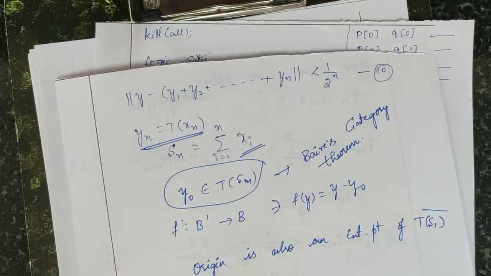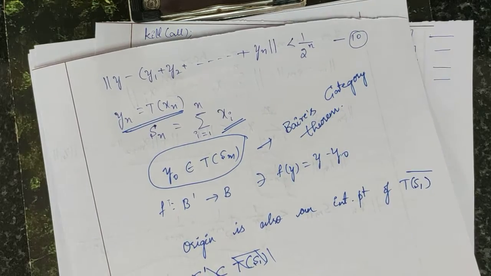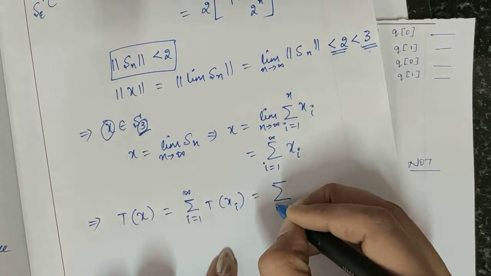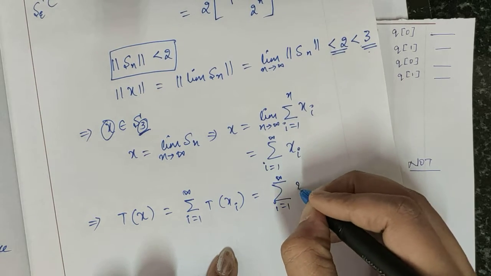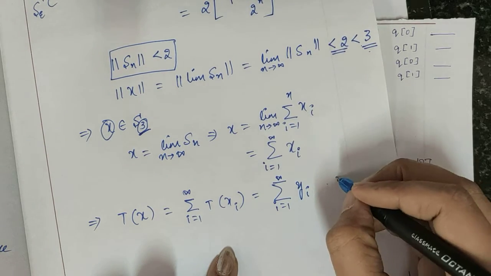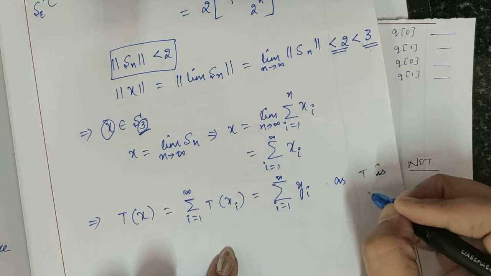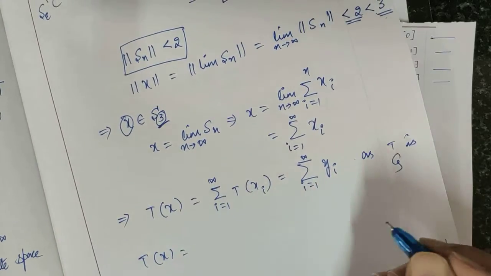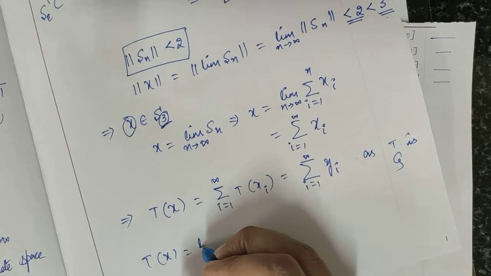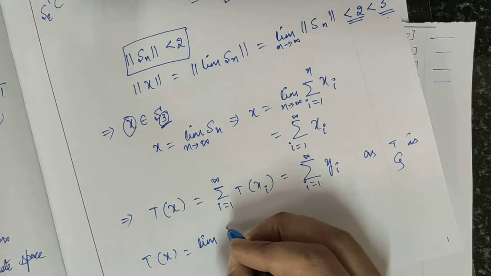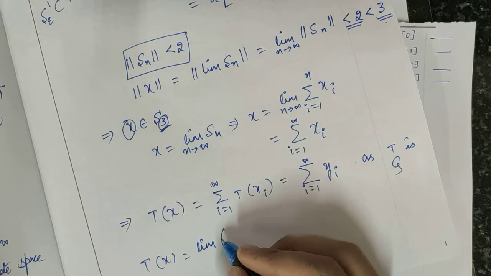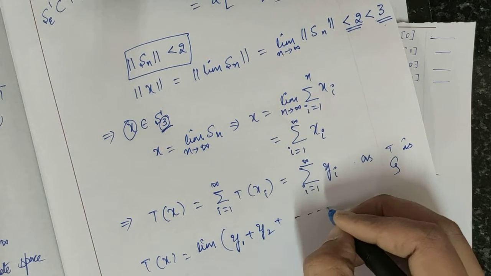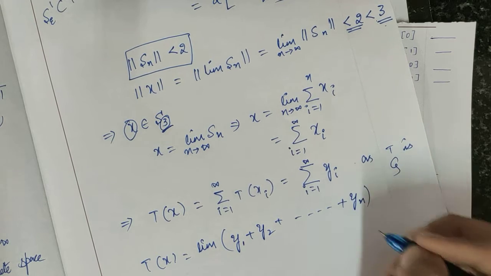So we have already seen that yn is equal to T of xn. So T of xi will be yi. We can write this as summation i equal to 1 to infinity yi, as T is continuous. So now T of x is equal to, if I expand yi, I will be getting y1 plus y2 plus so on up to yn.